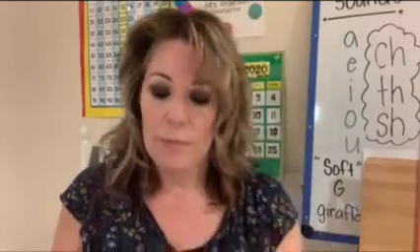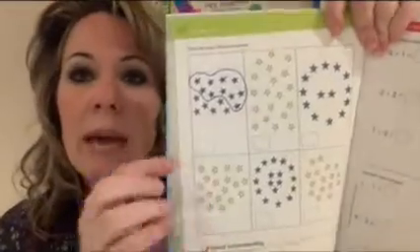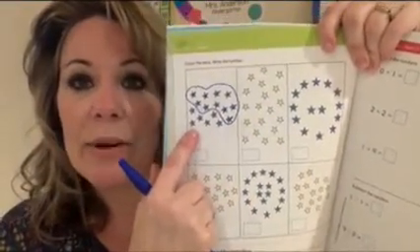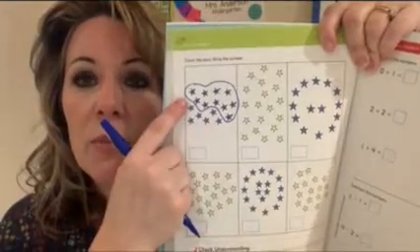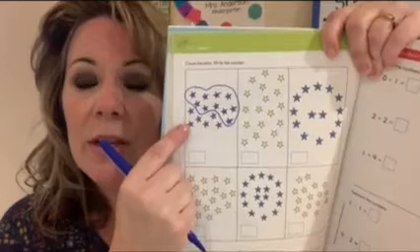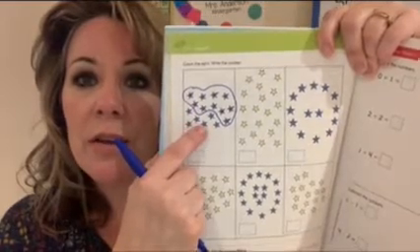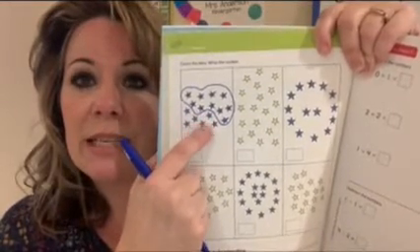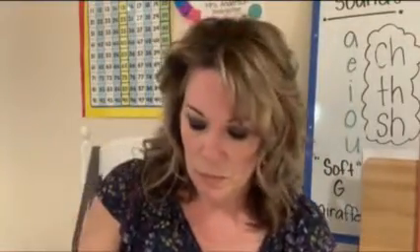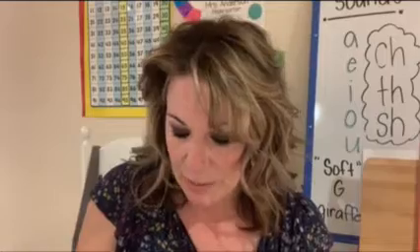So I counted my 10 stars and now I need to ring them. Okay, so I found my 10 group and now I need to count how many I have left over. So I can say 10, 11, 12, 13, 14, 15, 16. And then I write 16 down below.